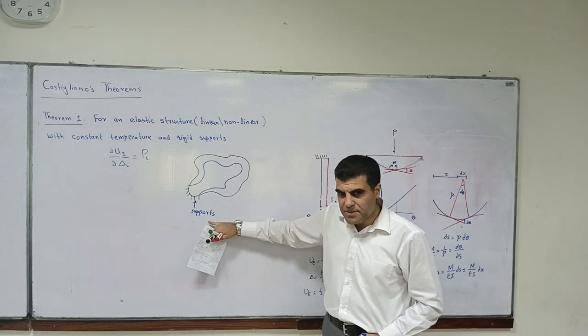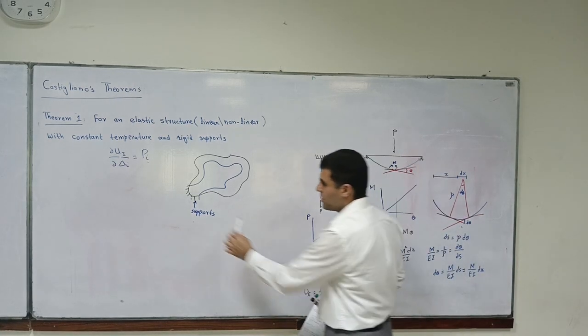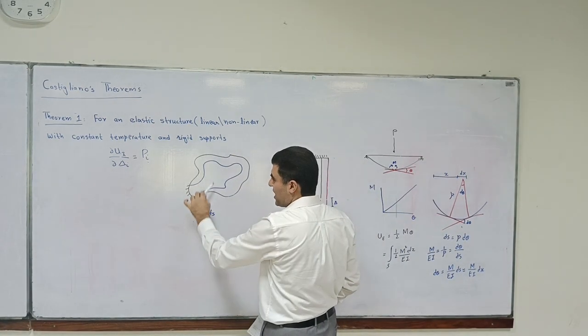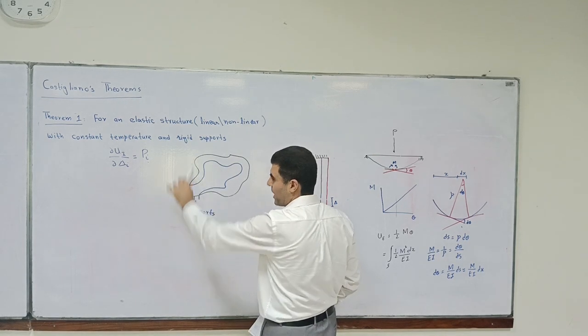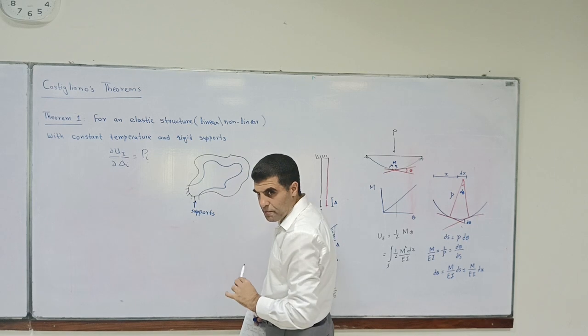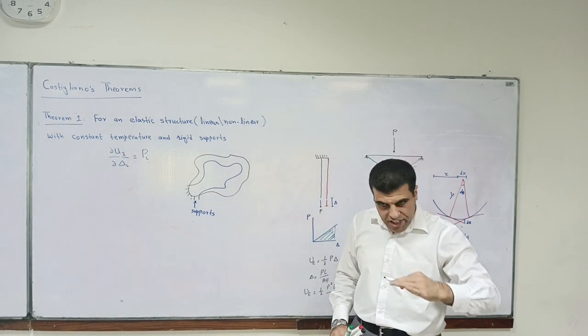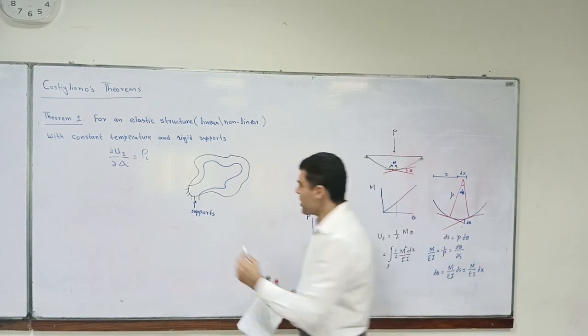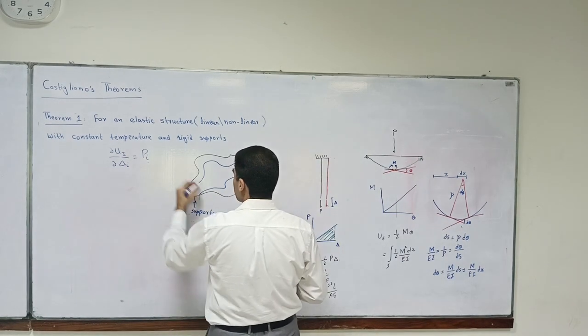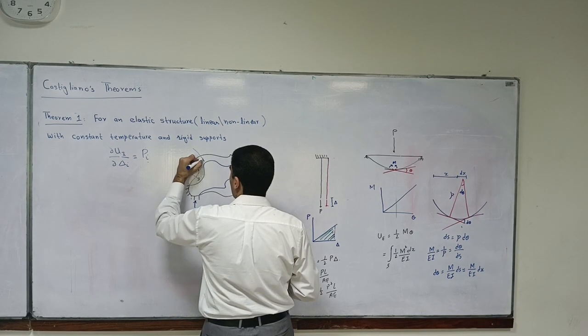So what I'm saying is that you have a structure whose initial configuration is shown in black, and that is supported. What I do is I apply certain loads on it. So imagine I apply certain loads. So we have a load like this, load like this.